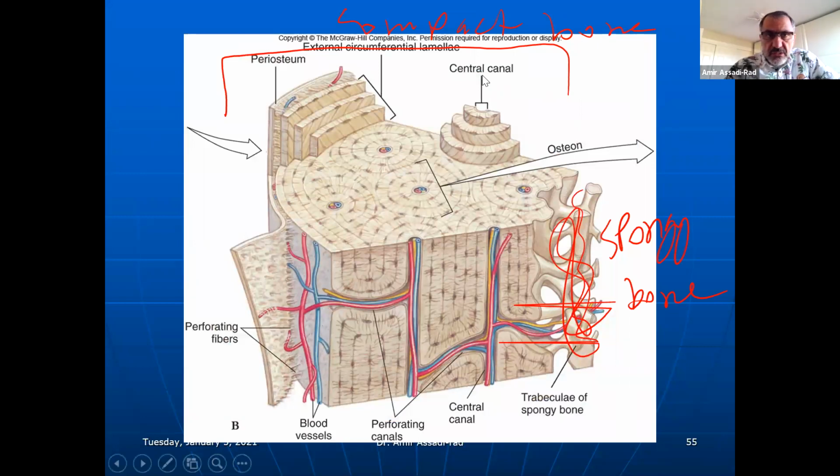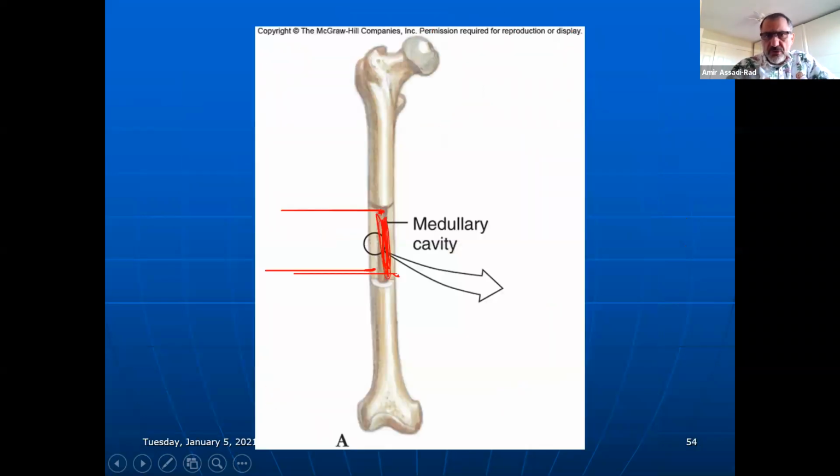I hope it's showing your osteon, central canal. Periosteum is a connective tissue surrounding the whole entire bone. And then these are perforating fibers, which bring the blood vessels from outside of the body. They did not show it in here. They should have shown a blood vessel coming to the bone like that.